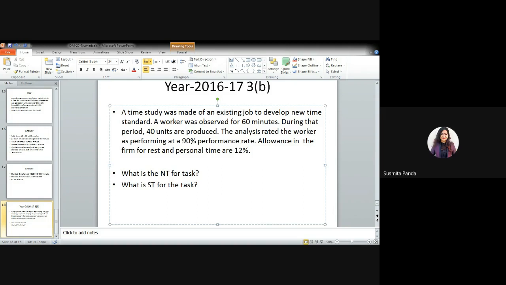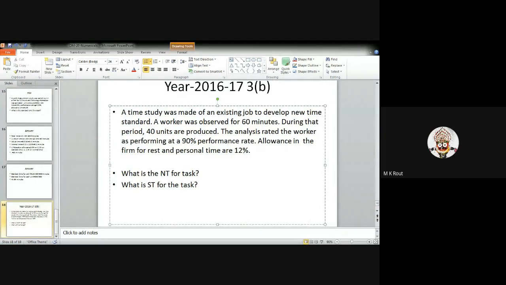Okay, I will repeat from the beginning. In the problem statement, the total observed time is given as 60 minutes. Is it clear, Sivani? Just note down the data given. First, total time is given as 60 minutes.